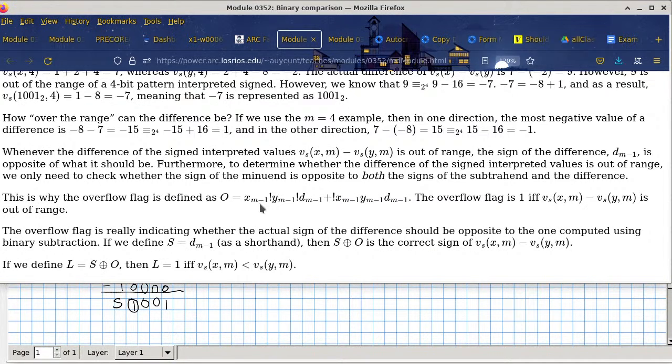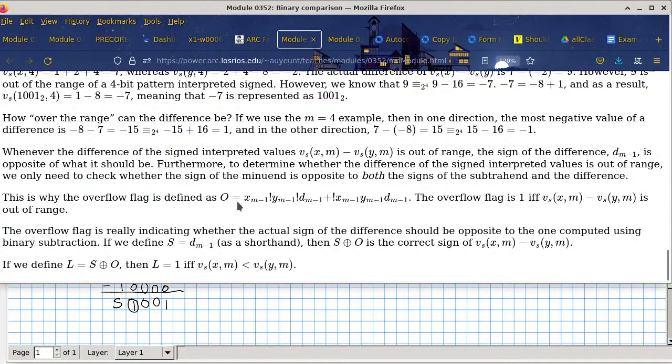All right, so looks like we're doing a bunch of stuff with the sign bits. So the sign bit of x, the sign bit of y, the sign bit of the difference. But if you look closer, what is this saying? This is really saying, I want the sign bit of x to be different from the sign bits of y and d, and the difference.